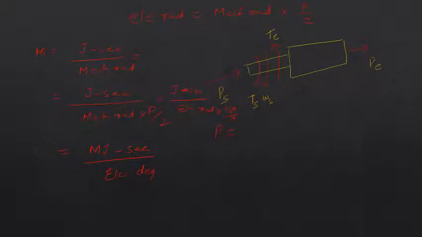So that's the unit, megajoule second per degree. Okay, now what I have expressed till now is that M is J into omega, and I have expressed P as M into alpha, and that M into alpha was M into d square theta by dt square.